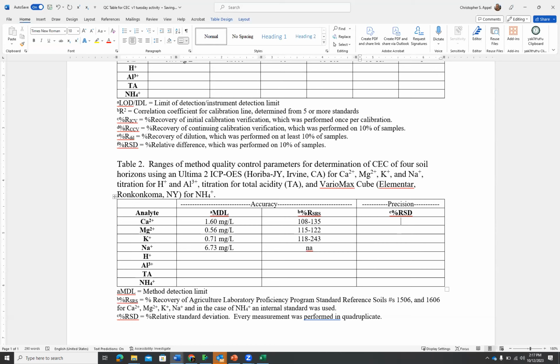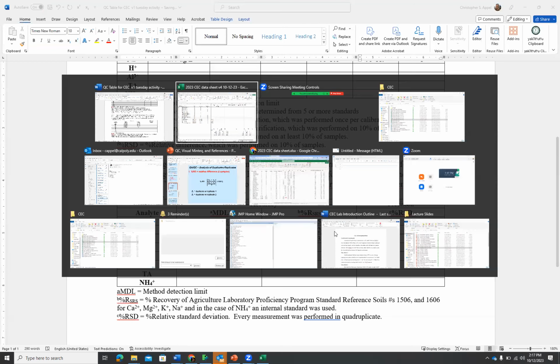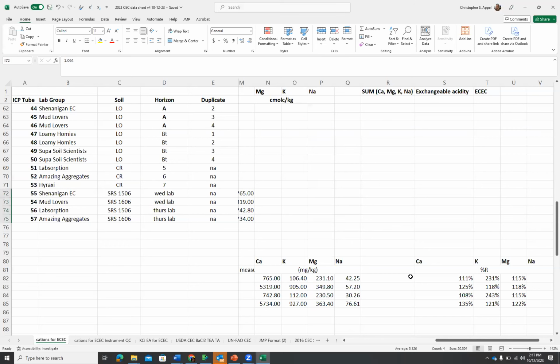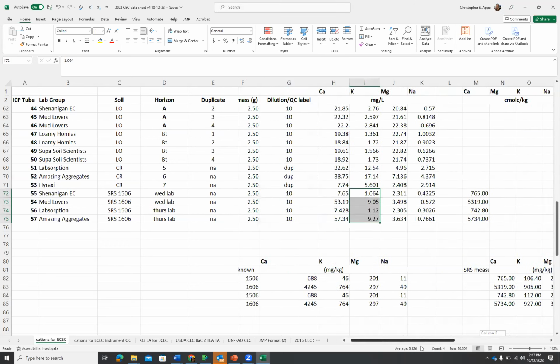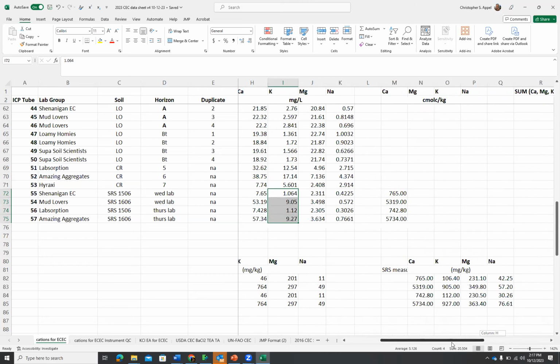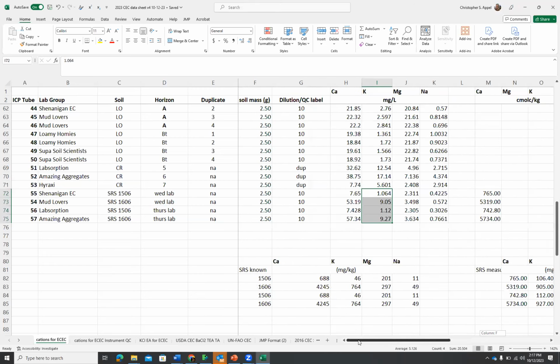All right. So what this tells us is that at least in one of the SRSs, and I don't remember which one it was, SRS 1506, we're doing a really bad job of recovering potassium.